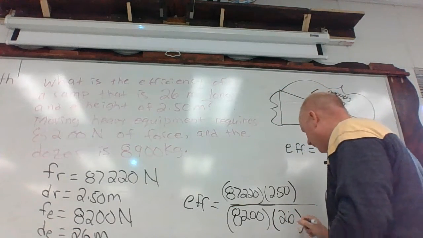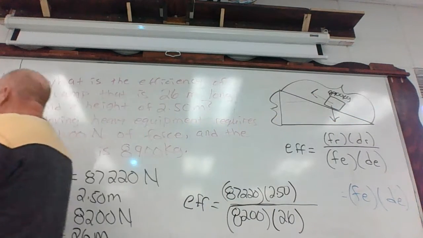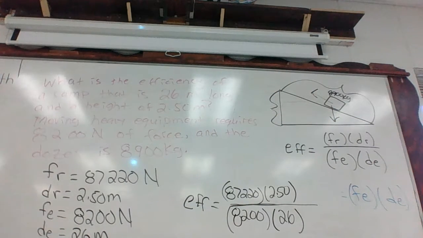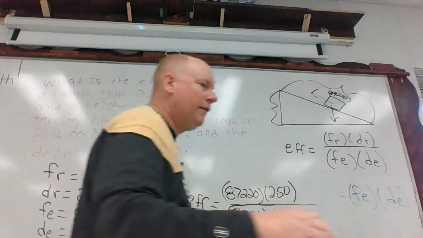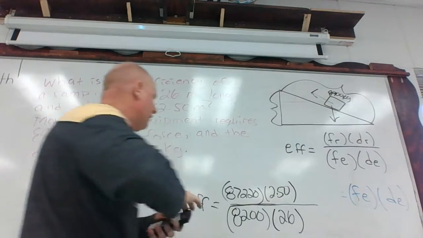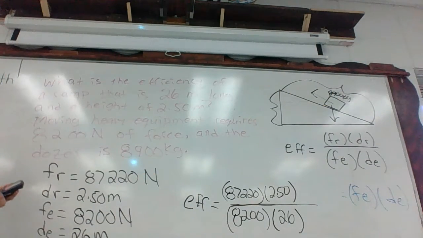Okay. So now the best way to do this, okay, is when you have this in your calculator, multiply your top two numbers. Okay, so 87,220 times 2.5. That gives you 21,805. No, I'm looking at the decimal in the wrong spot. 218,000. Sorry.